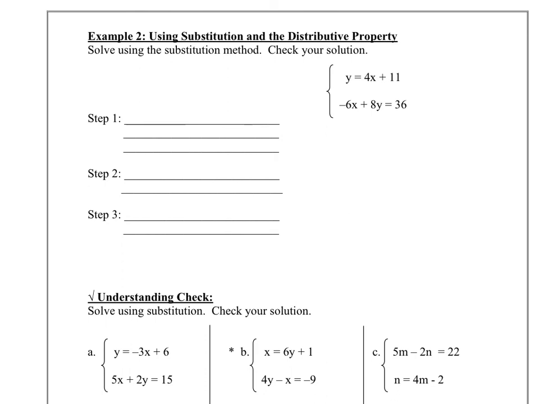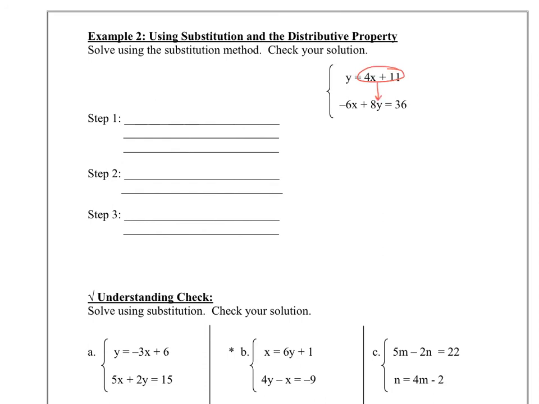All right, so this one's pretty much the exact same thing, except you're going to need to use some substitution. You're going to need to use some parentheses, rather. So when you substitute these in, you got to make sure that you're plugging this in only where y is.